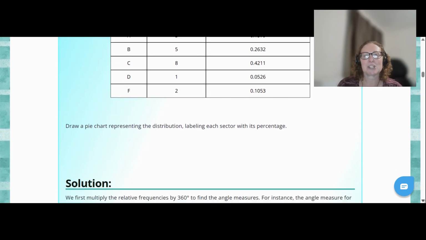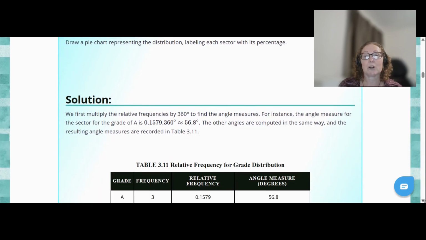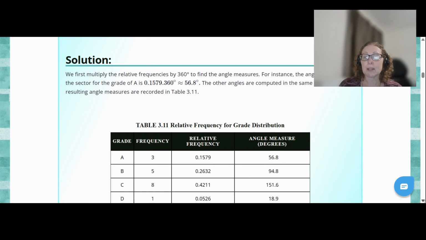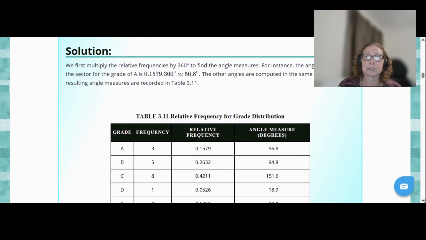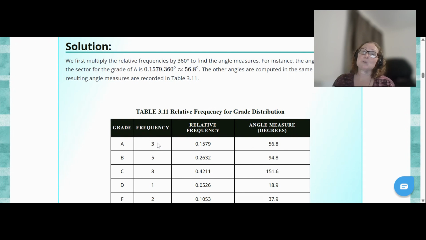So we're going to draw a pie chart that represents that distribution. We are going to look at it by percentages. So we are going to multiply that relative frequency we got. Remember, we got the relative frequency by saying 3 divided by 22 to get 0.1579. But then we need to figure out the angle measure, so the degrees.